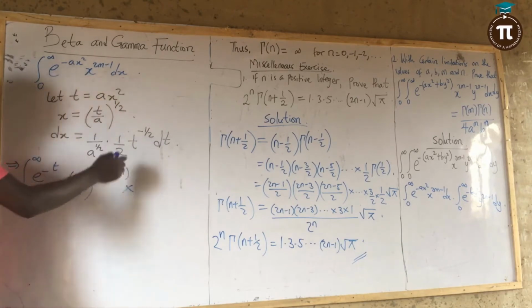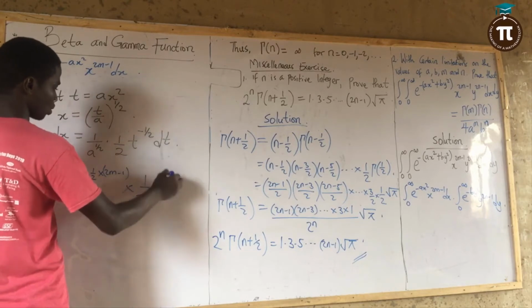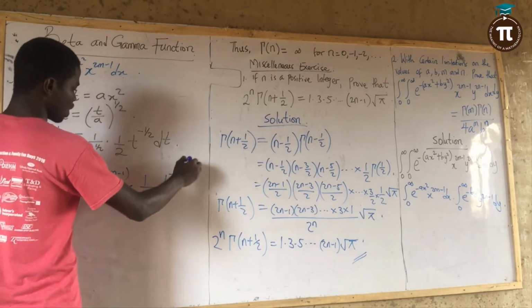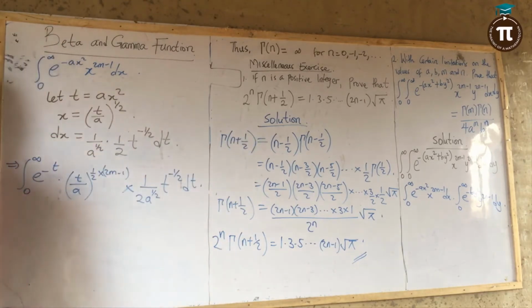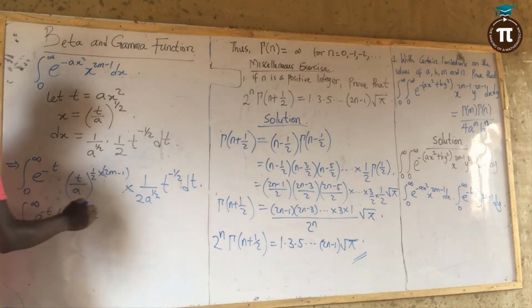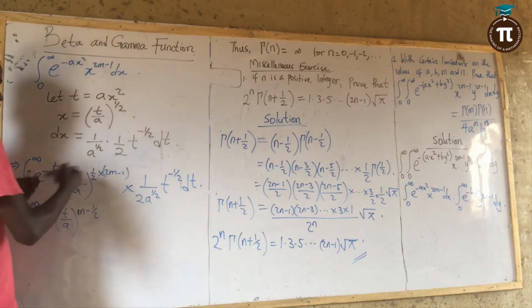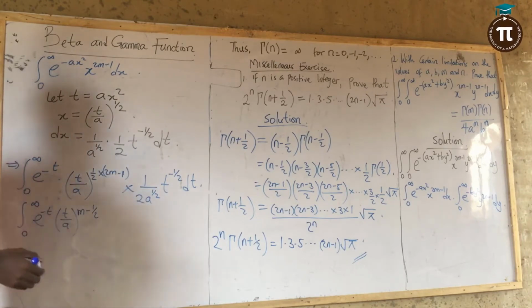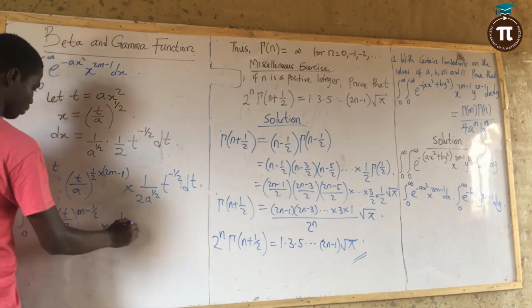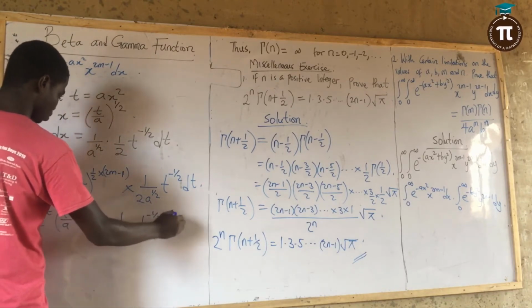Multiplied by dx, and dx is 1 over 2 a raised to power 1 over 2 t raised to the power of minus 1 over 2 dt. So this is integral from 0 to infinity e raised to power minus t. This is t over a raised to the power of m minus 1 over 2, since 1 over 2 times 2m will give me m, and 1 over 2 times minus 1 will give me minus 1 over 2. Multiplied by 1 over 2 a raised to power 1 over 2 t raised to power minus 1 over 2 dt.